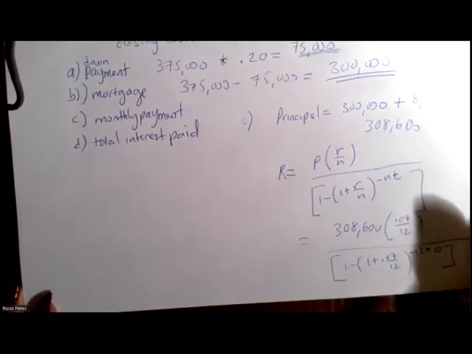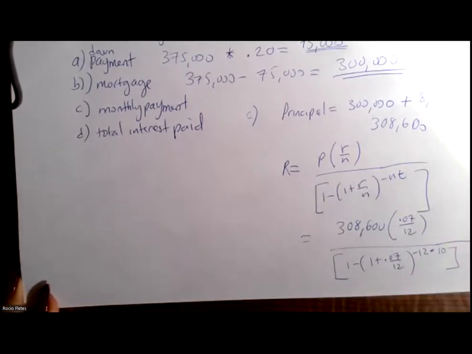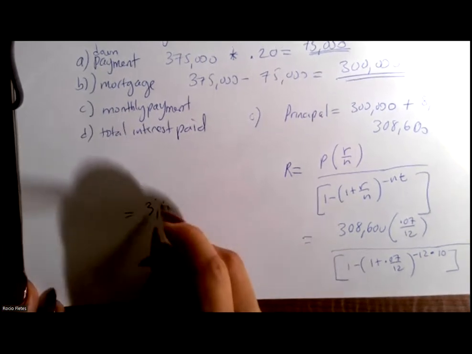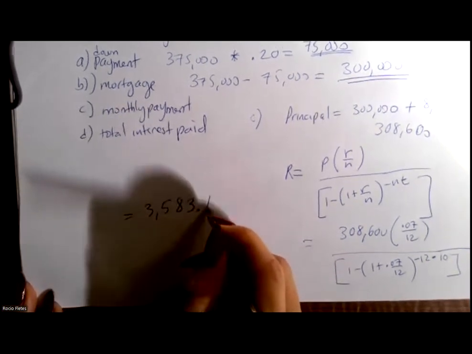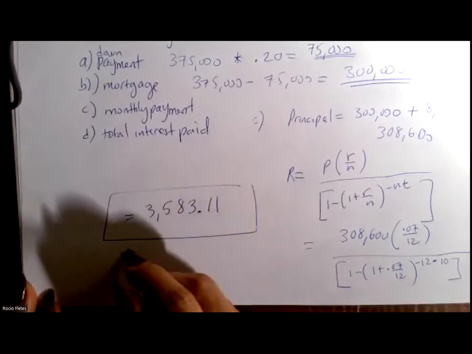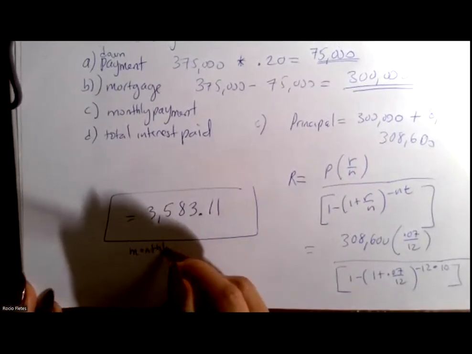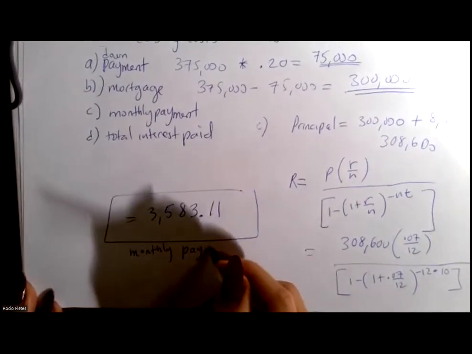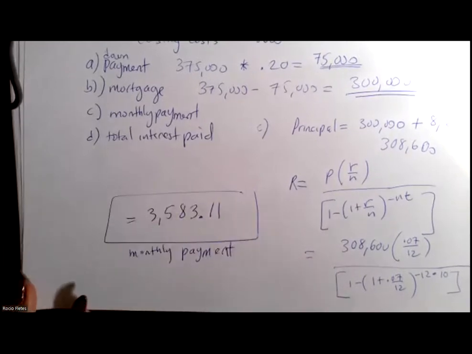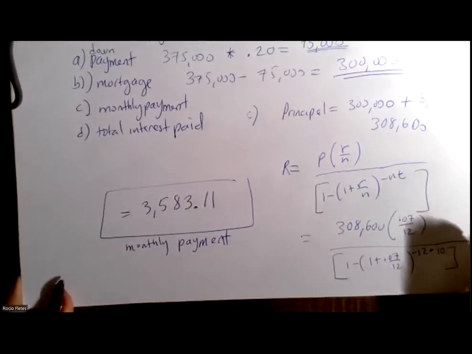Once you enter all that information in the calculator, the payment you're going to get is 3,583.11. This is the monthly payment, but it's only principal and interest.